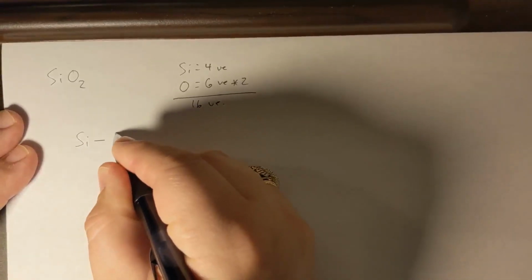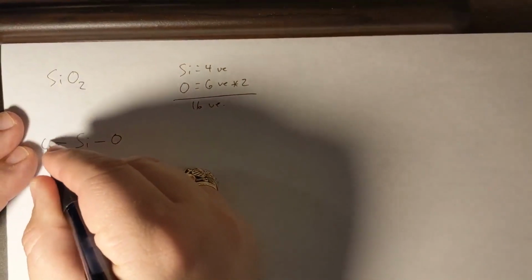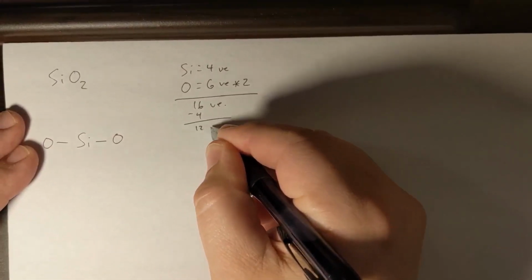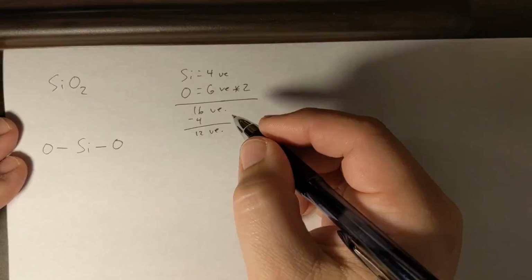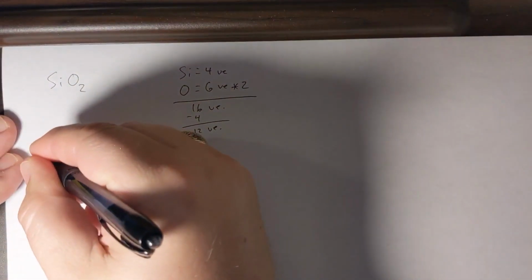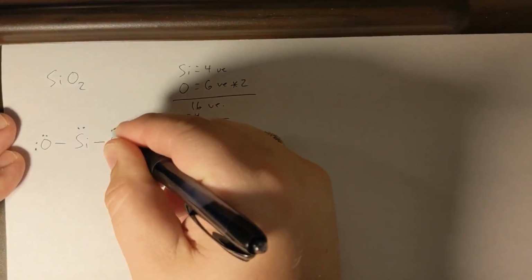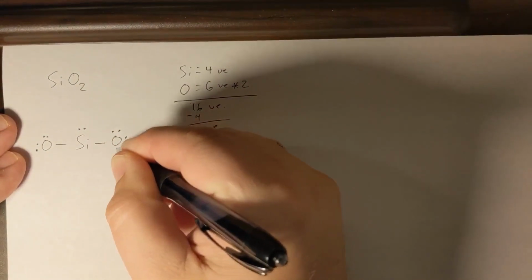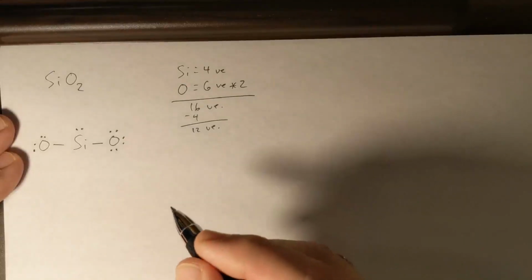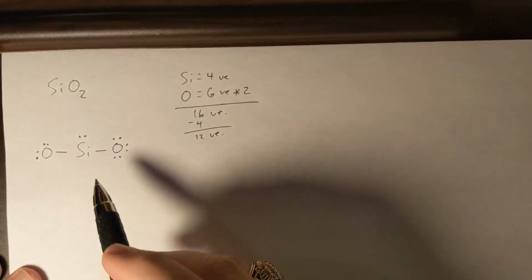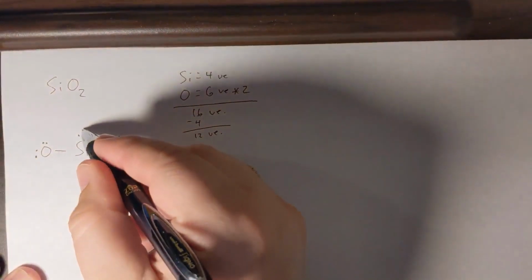So silicon to oxygen, minus our 4, will now give us 12 valence electrons that we need to spread around. So 1, 2, 3, 4, 5, 6, 7, 8, 9, 10, 11, 12. And we can see that our silicon and our oxygen aren't happy with their octets.